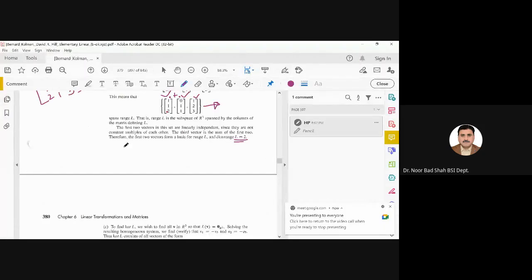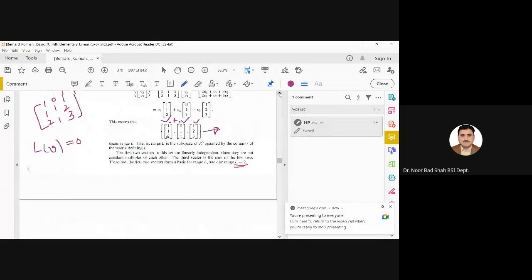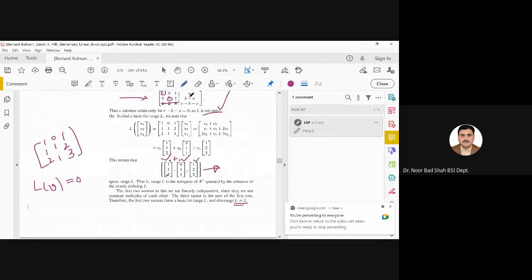Okay, so for finding kernel, what do we do? We take L of V equal to 0. You will do everything the same, right? What would you do for finding kernel? You would simply replace A, B, C with 0. If you replace this A, B, C with 0 for finding kernel, what would happen?